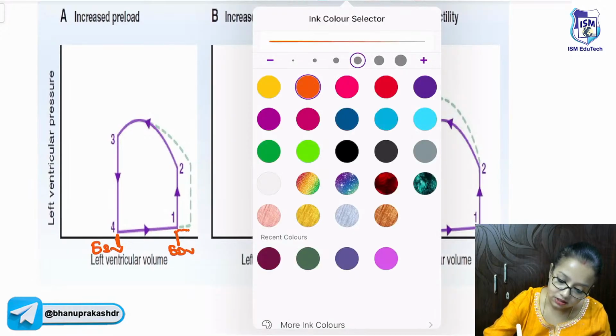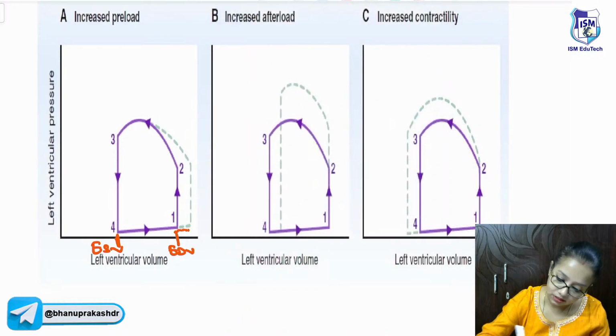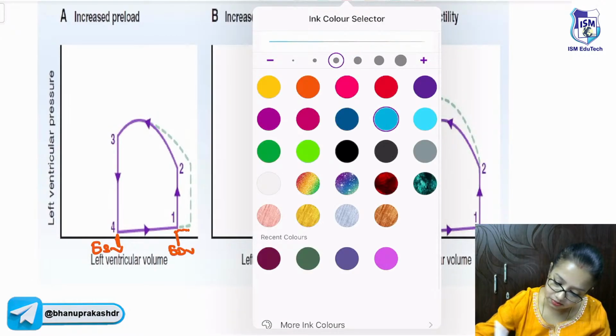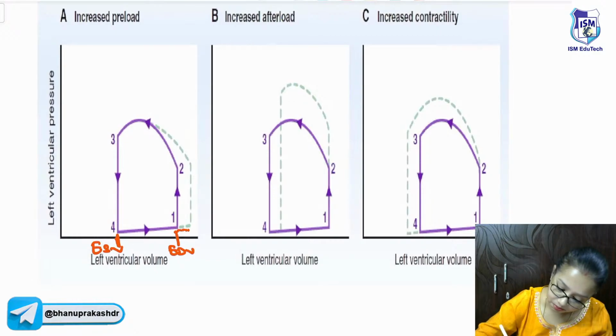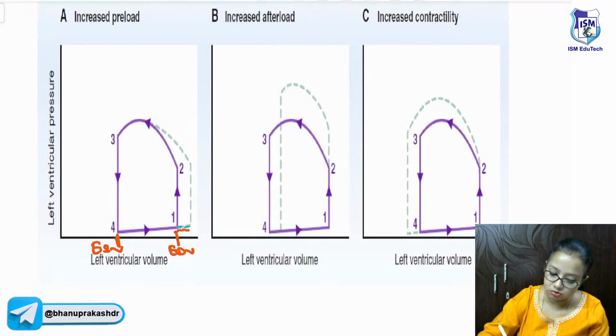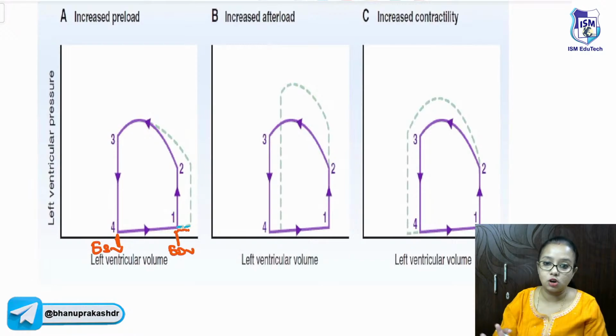So here you can actually see that the preload has increased. If preload has increased, what will happen? The contractility, the force of contraction, will increase.